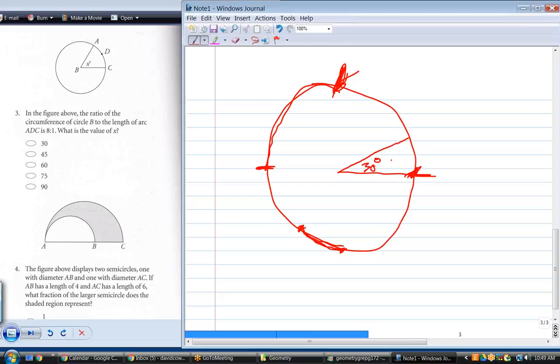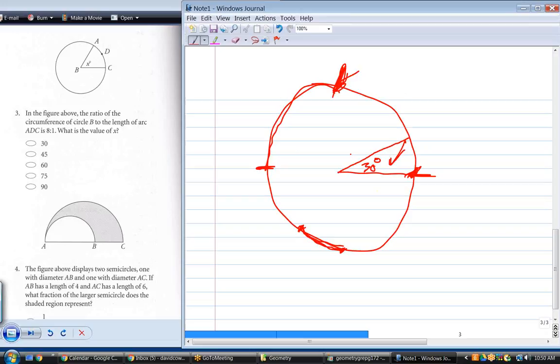So what part of the area of the circle would this sector represent? Even if I don't know the radius. Notice I don't know the radius here. But it doesn't matter. I'm still going to be able to figure out the ratio of the area of that sector to the area of the whole circle.